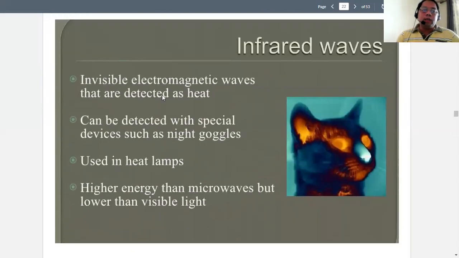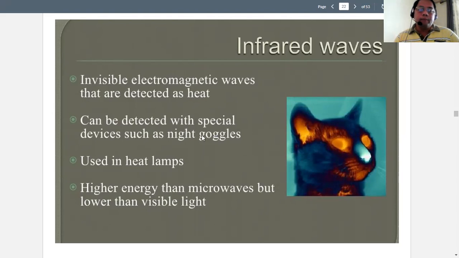Infrared, invisible electromagnetic waves that are detected as heat. So human beings, of course, we emit some infrared because we are alive, including this animal. So there are portions of this cat that are producing amounts of heat because this cat is alive. Maybe if the cat does not produce any more heat, then we could not detect this thing.